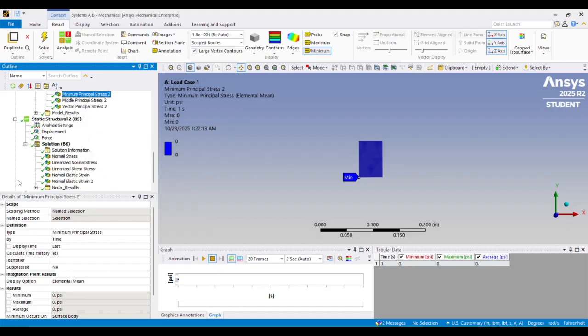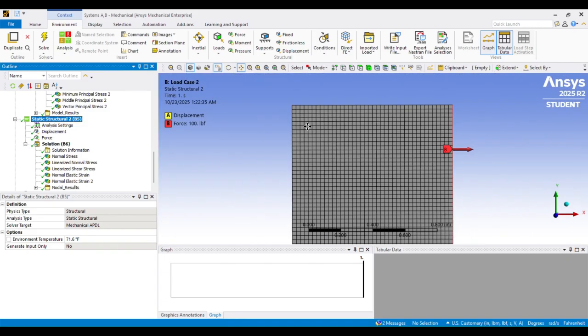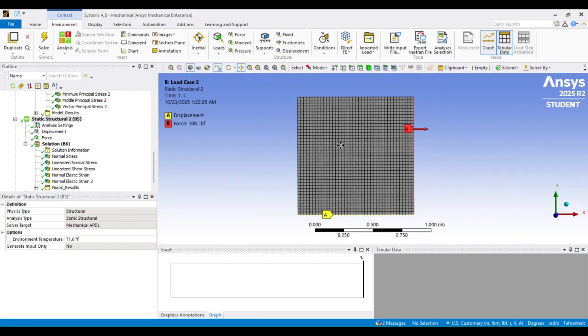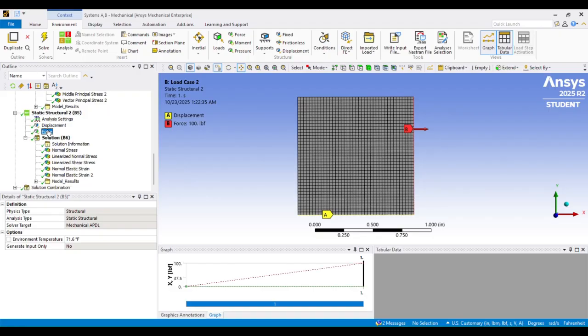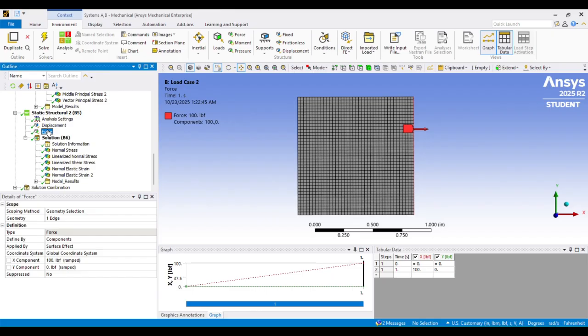Now I've done another load case. In ANSYS, you can do multiple load cases separately and superimpose them. For this load case, I've shown a force in the x direction acting on this face here.